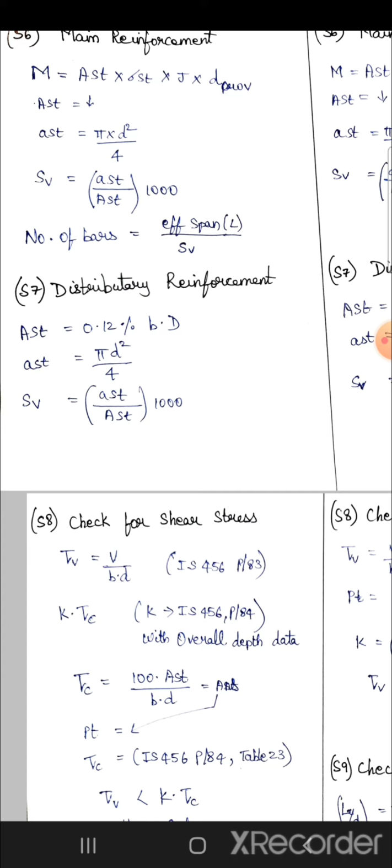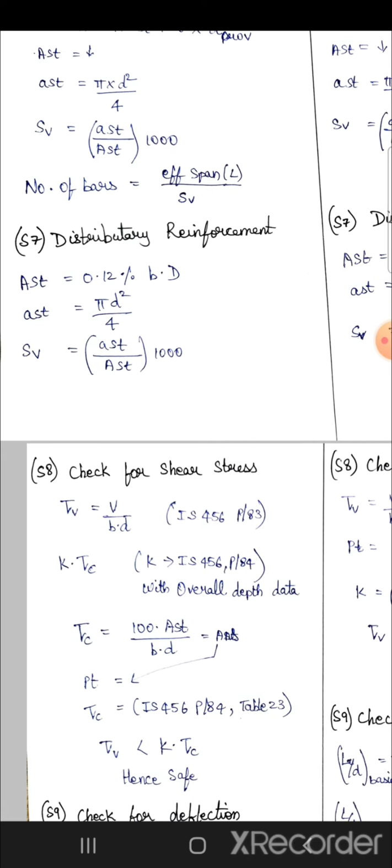So these two AST are found for finding spacing. Spacing formula is small ast by AST into 1000. After finding spacing, we will find number of bars. The formula for number of bars is effective span by spacing.